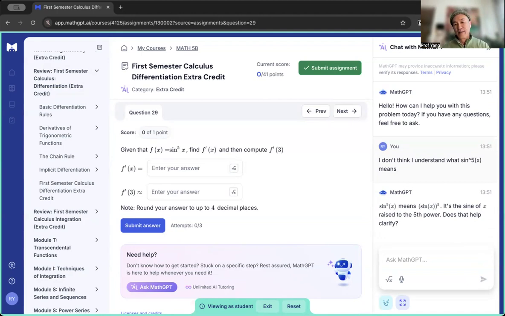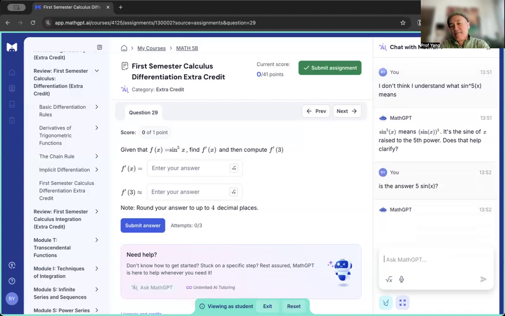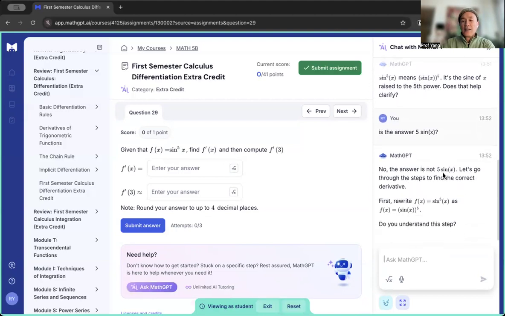I could say something like, is the answer 5 sine x? No, the answer is not. Then we'll try to help lead you through it.